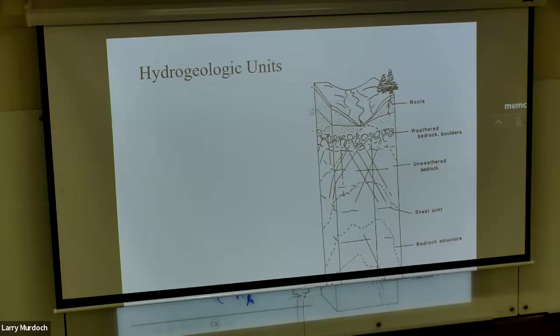So up here at shallow depths, this rock has been weathered, and the weathered material is called saprolite. That's a rock that has been pervasively altered by weathering. I'll show you an example here in a second.